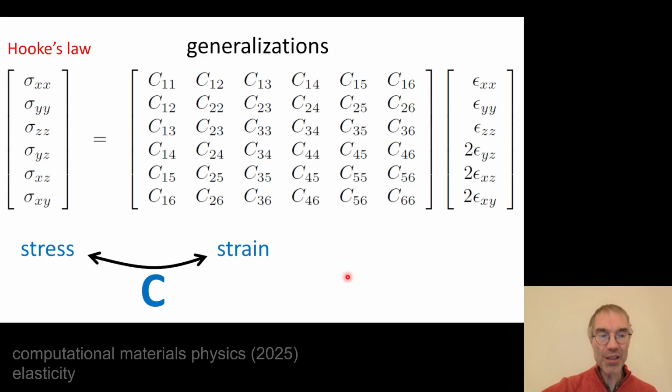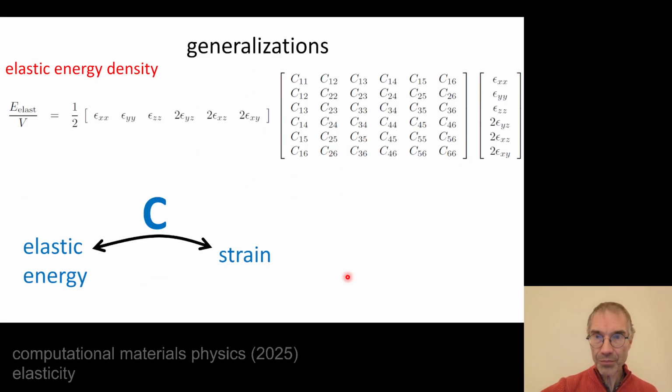These characterize the crystal, and for the energy you have to do the same multiplication, but now also multiply here by the transposed of the strain matrix. And then you get the elastic energy density at the left-hand side.